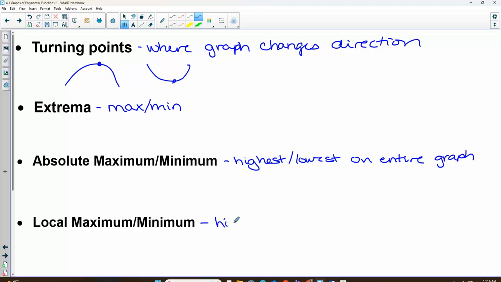Local is just higher or lower than surrounding points. So it may not be the highest on the graph, but it's higher than the points on both sides of it.